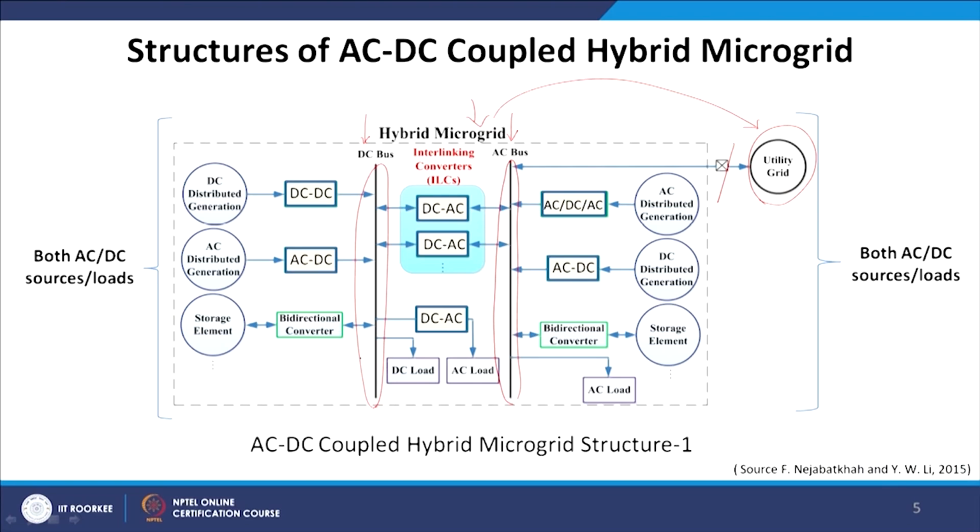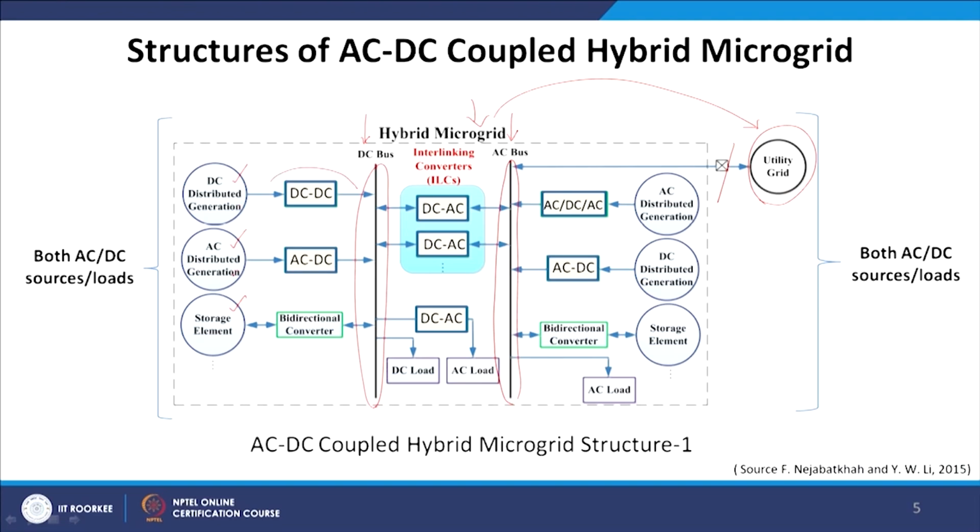Now, in case of a DC bus, we have all different types of sources, that is DC distributed generation, AC distributed generation, and SC, that is storage elements. Because it is DC in nature, the DC distributed generators can directly be connected to the DC bus through DC-DC conversion.